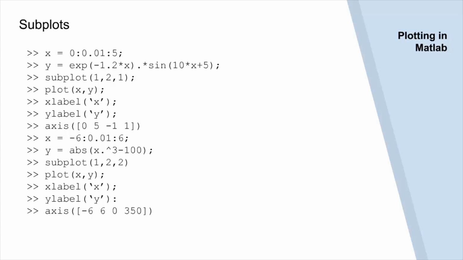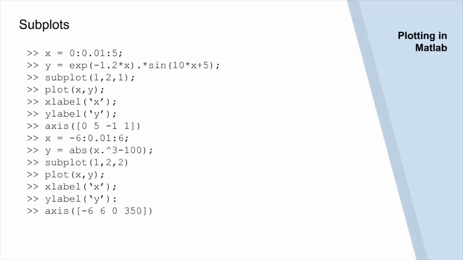Shown here is a script file that demonstrates the use of the subplot function. In the script file there are two functions to be plotted. The first is y equals e raised to minus 1.2x times sine of 10x plus 5, with the range between 0 to 5, and the second is y equals the modulus of x cubed minus 10, with a range of minus 6 to 6.